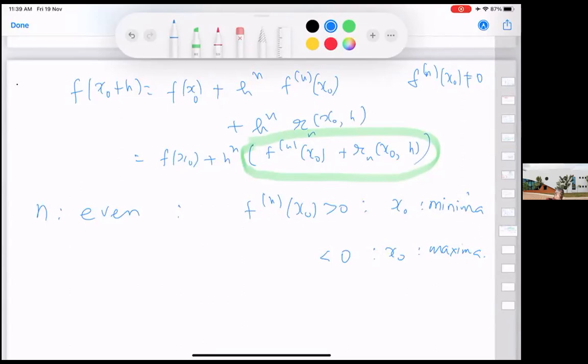And crucially what is being used is that n is even, so that h to the power n, whether h is small but positive or small but negative, will always be positive. That is where the even thing is coming in. And the same thing will tell you what happens if it is odd.